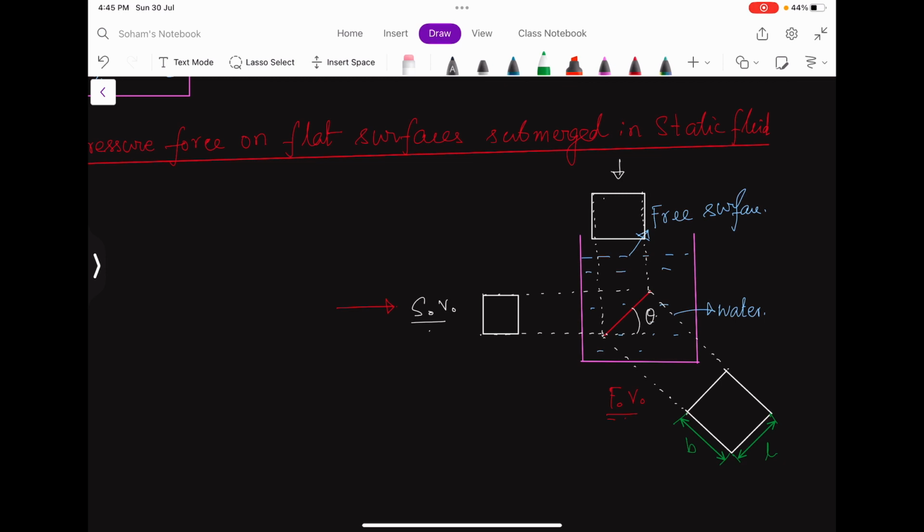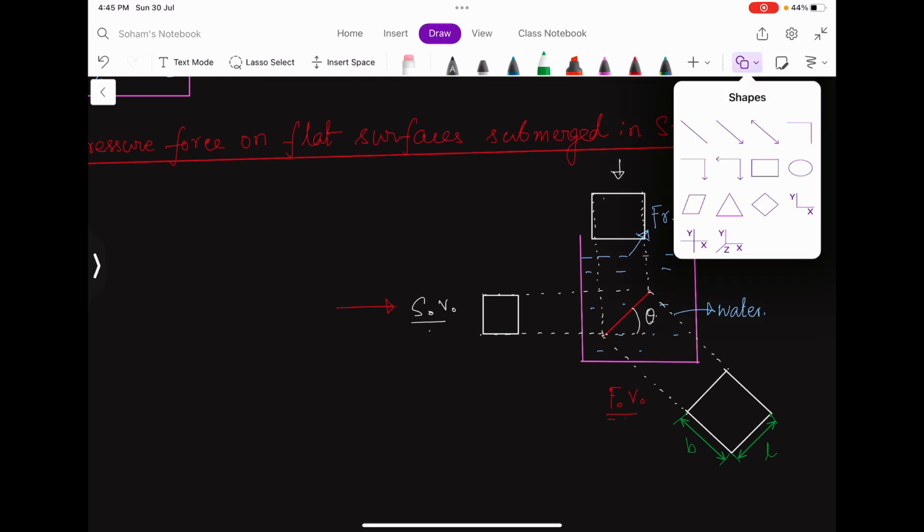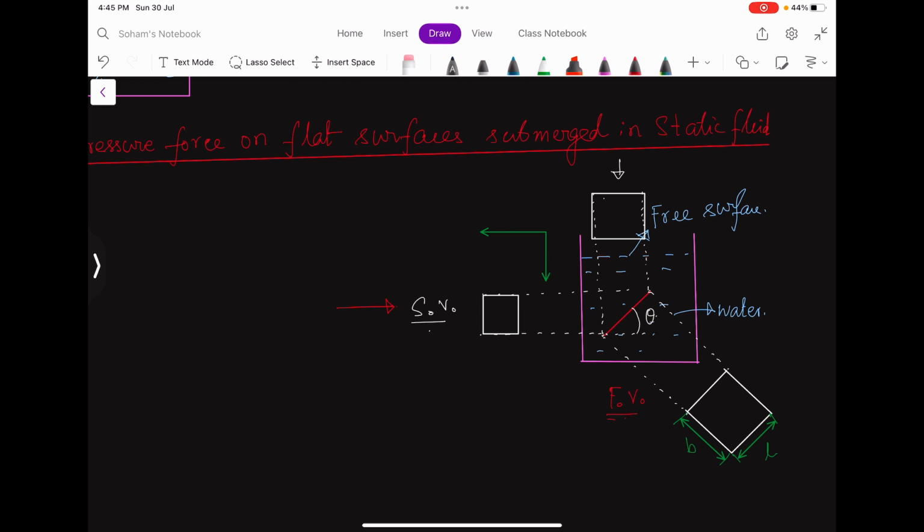We are also given the coordinate system: this is the z direction, this is the x direction, and perpendicular to that we have the y direction.